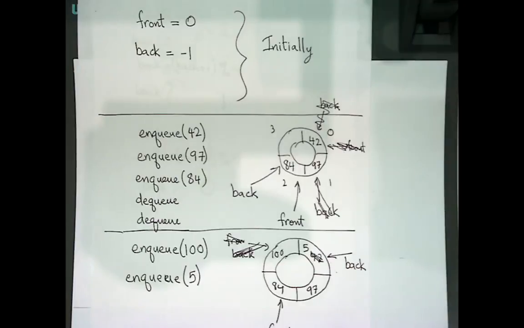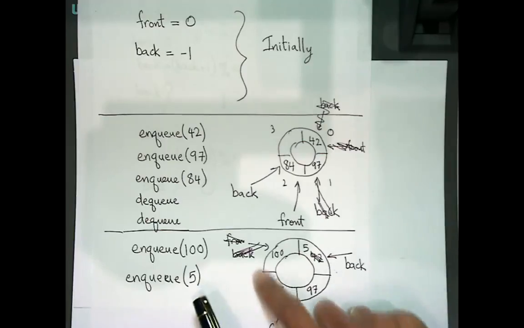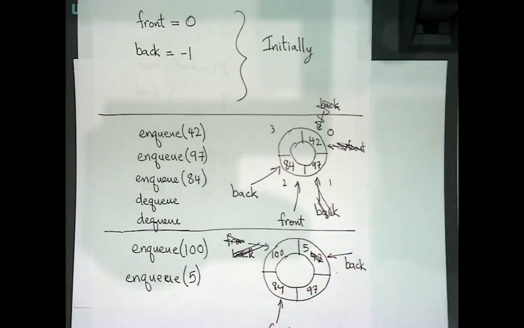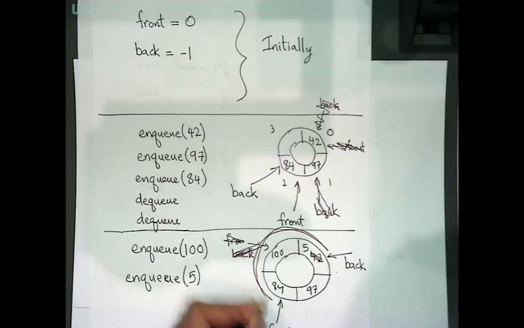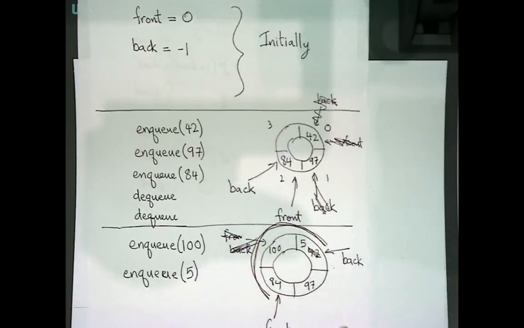So is 97 in the queue or not? No. 97 is not in the queue because it's only everything from front to back when you go clockwise, right? So this is the only thing that's in the queue right now. It's front to back clockwise.